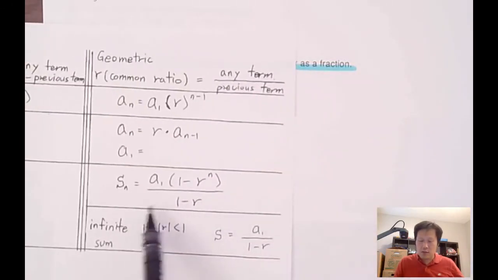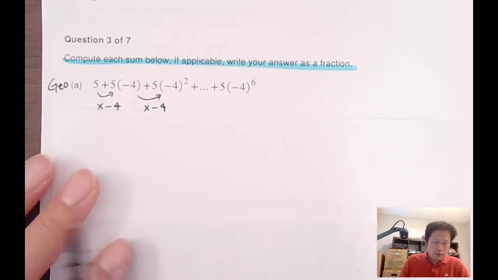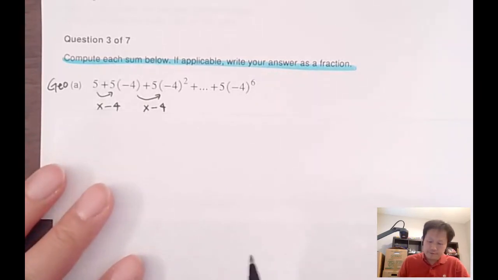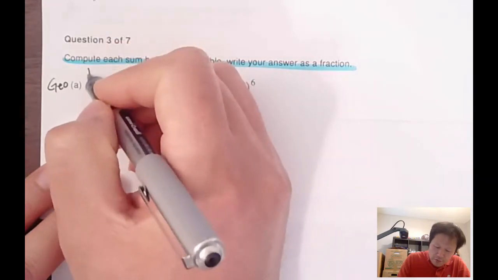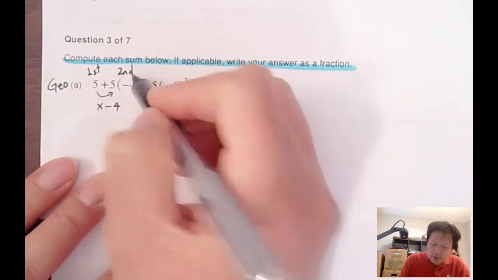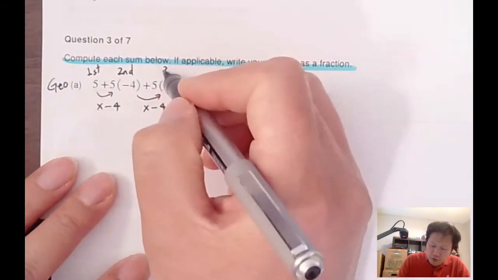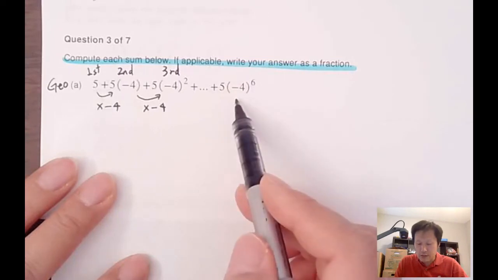Now, do you remember we need the value of n? Take a look at it. First is the first term, next is the second term, the next one is the third term. You need to know the index. Look at the power of minus 4 and the index.